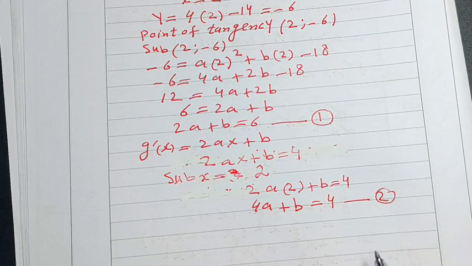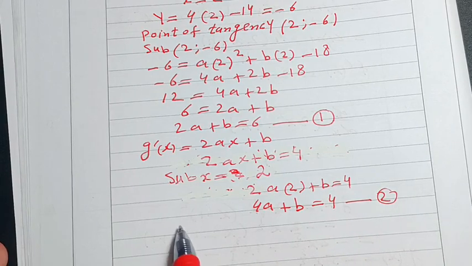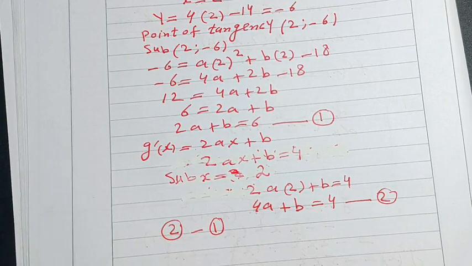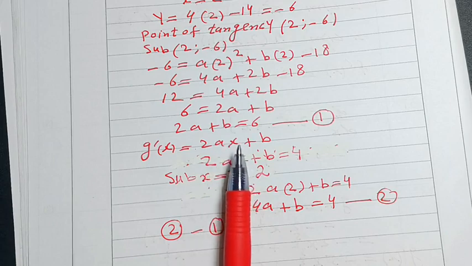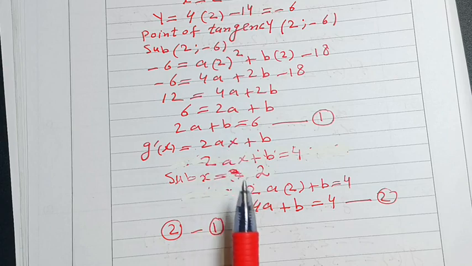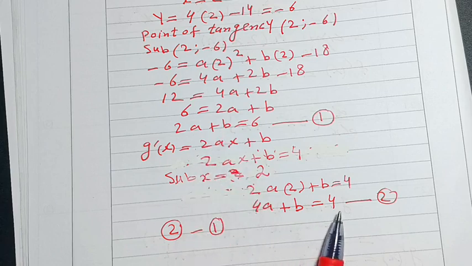Now easy, subtract 1 from 2. Why am I doing 2 minus 1? This is a simultaneous equation. You can apply the substitution method, or you can apply the elimination method. I choose elimination method. Why? Because the coefficient of b is 1, and in equation 2 the coefficient of b is 1.